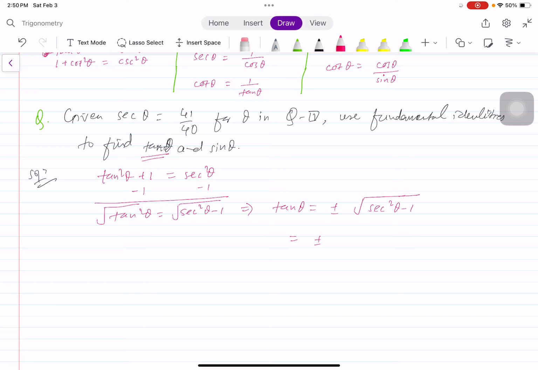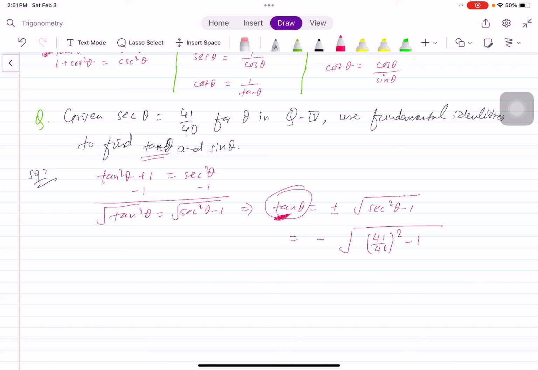Before we move further, since theta is in the fourth quadrant, cosine is positive and its reciprocal secant is positive, but we are dealing with tangent, so we'll take the negative sign because tangent is negative in the fourth quadrant. Then we plug in the value of secant, which is 41 over 40, whole squared, minus 1.